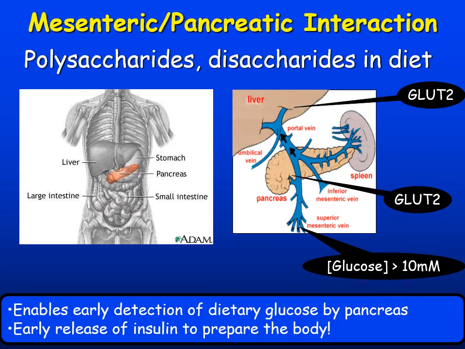So this means that if glucose is being absorbed at a great rate, the pancreatic GLUT2s can sample it, signaling the pancreas to release insulin into the blood. And this acts almost like an early warning system, telling your body that there is a big flood of glucose coming, causing the early release of insulin, getting your muscle and your adipose tissues ready to receive that big influx of glucose.